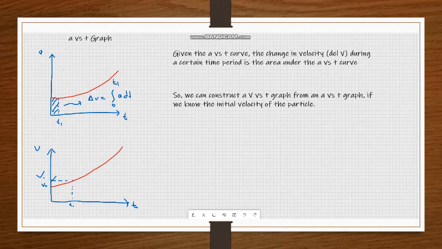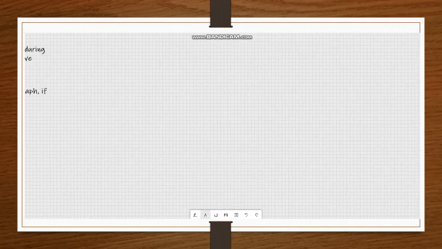Let's move on to, if we use the position, like velocity and position and acceleration and position, what we are going to do. Our next case is the acceleration versus position graph.